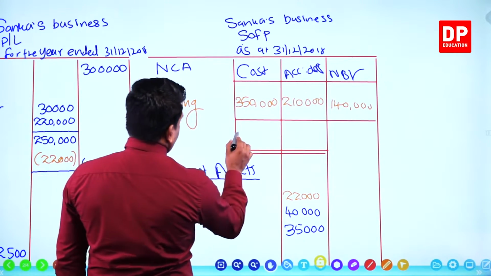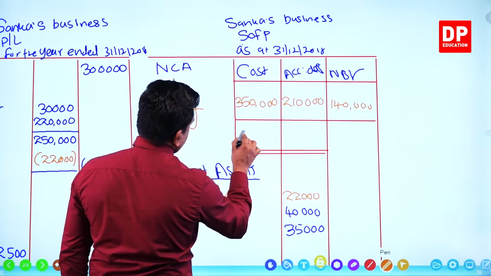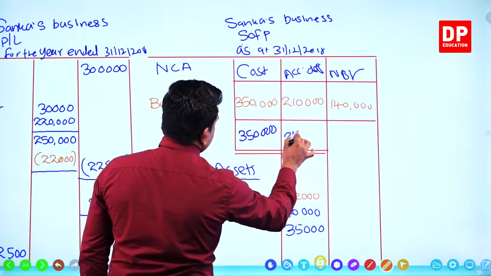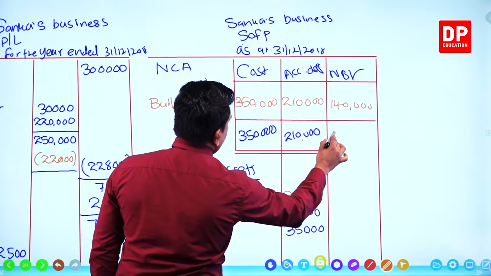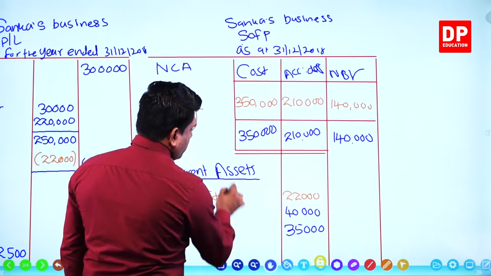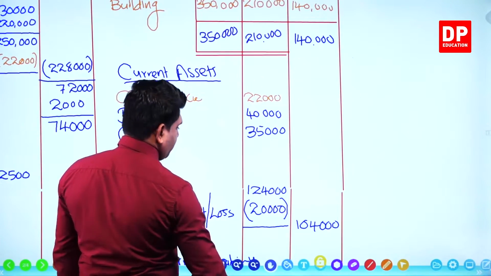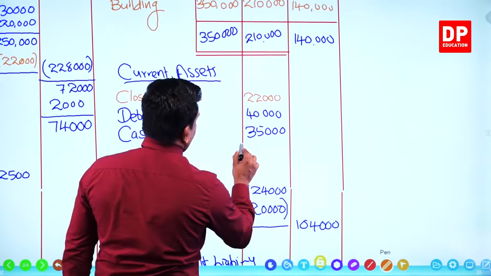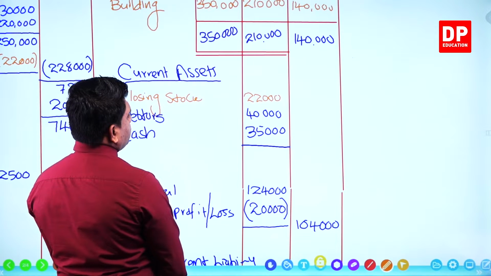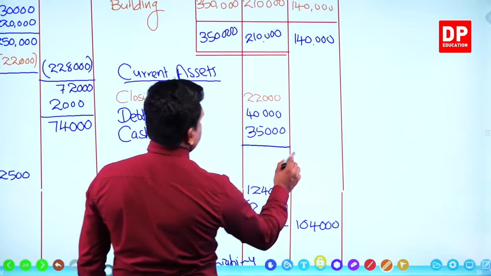Building 350, then 10,000, here 40,000, right? Now you get the total of this: 35, 75, 95, 97, right?